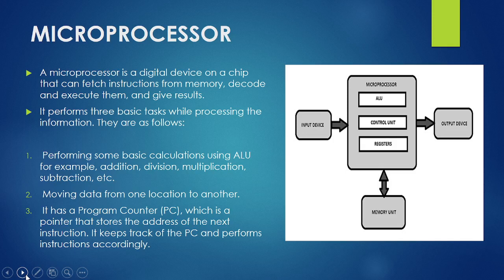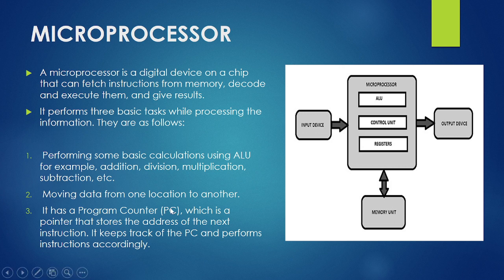So after C programming, we have learned about the microprocessor. A microprocessor is basically a digital device on a chip that can fetch instructions from memory, decode and execute them, and give results. It covers three basic tasks: first, it performs basic calculations using the ALU; second, it helps in moving data from one location to another; and it has a program counter, which is a pointer that stores the address of the next instruction.